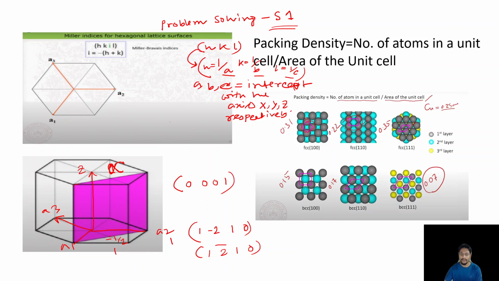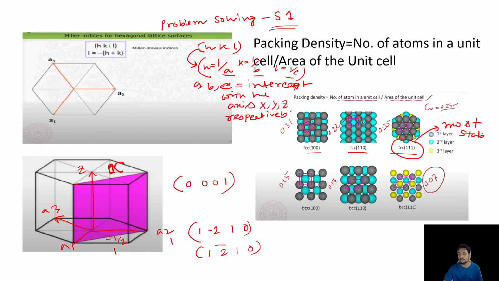Then, depending upon the symmetry of the surface, how the packing density changes, that is also very important. You can expect these questions normally, and the highest packing density can be found in case of FCC 111, and that's why this plane, FCC 111, is the most stable.